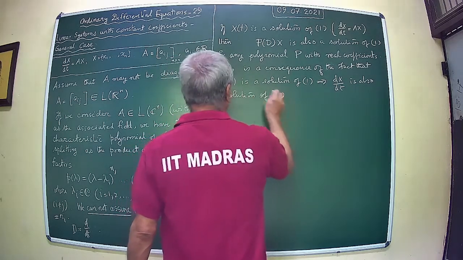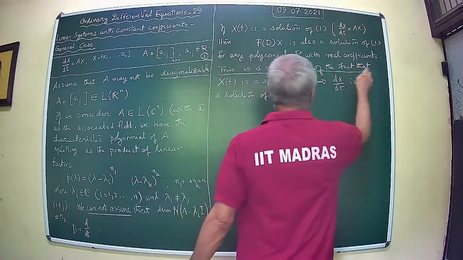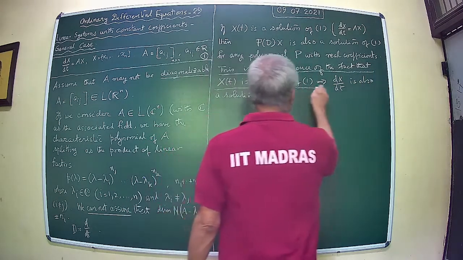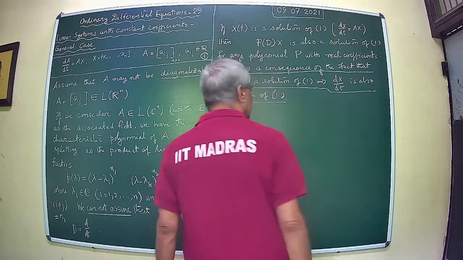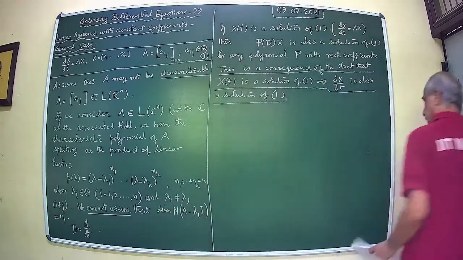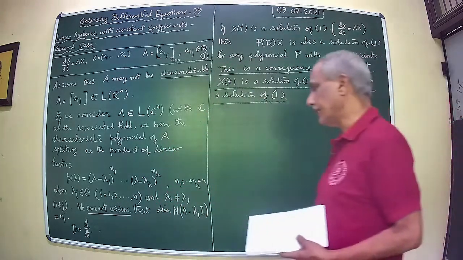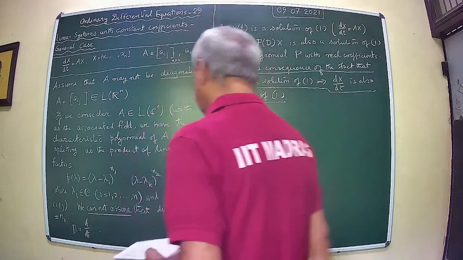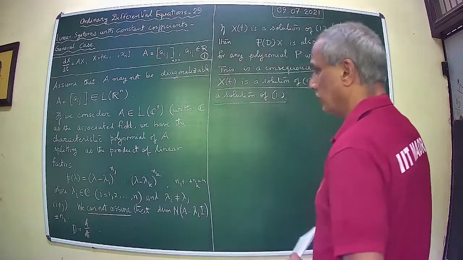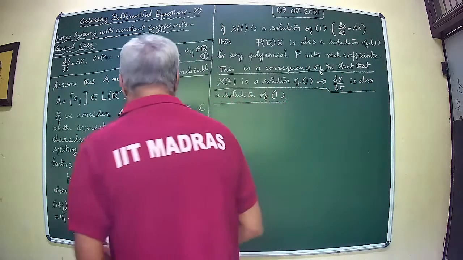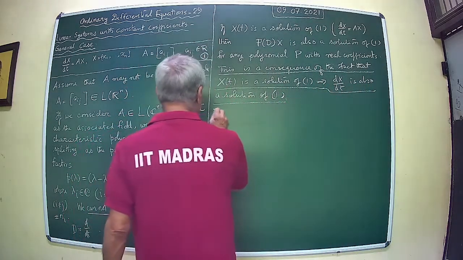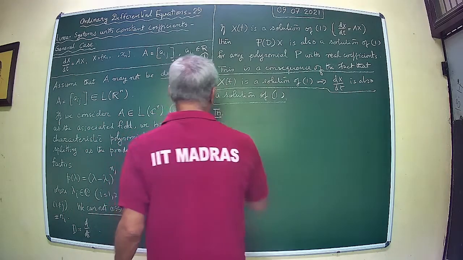Now this we have observed or proved in the beginning, so that for any polynomial with real coefficients, we can assert this. Now we have then proved the following theorem.